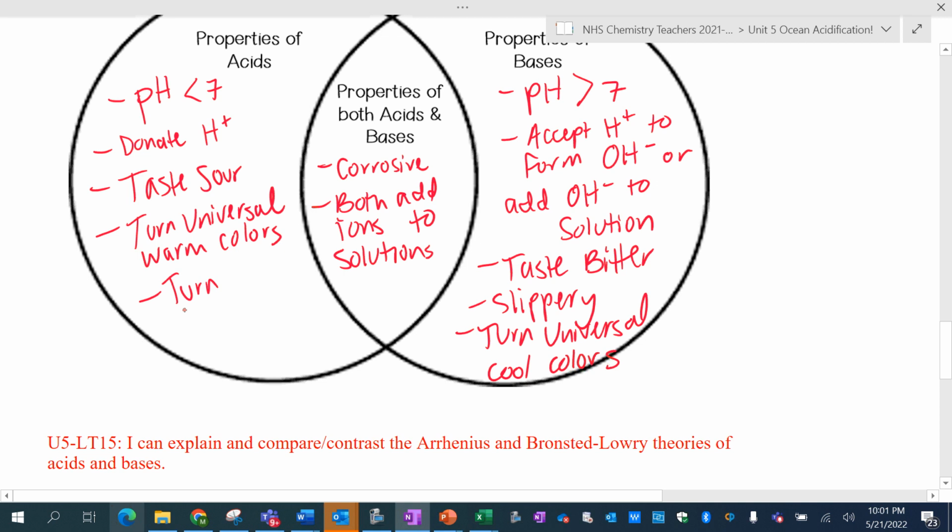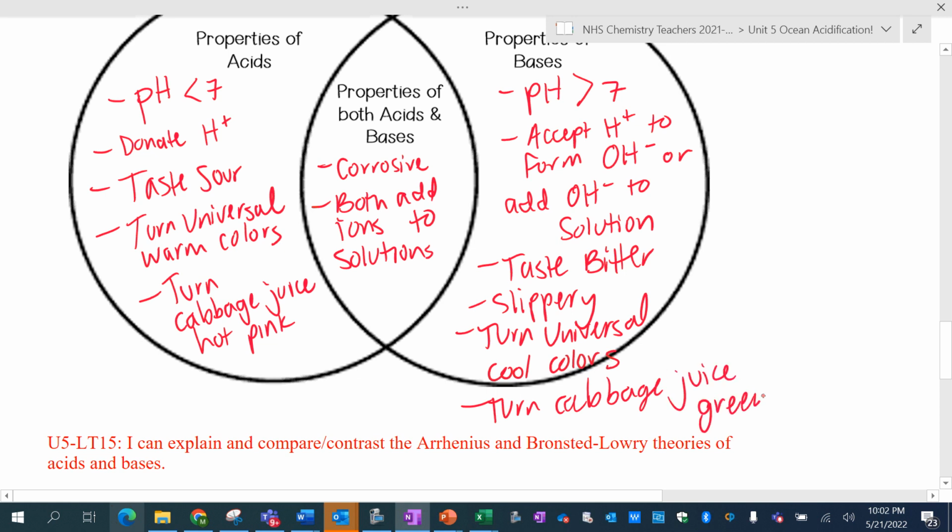Acids turn cabbage juice hot pink, while bases turn cabbage juice green or blue. Trying to think if there's any other big ones that we need to cover here. Let me just make sure. I think we got the main ones.